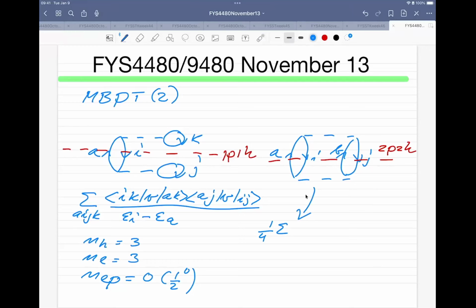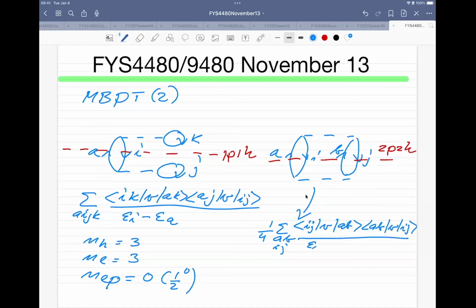So we have two particle lines which start at the same interaction and end at the same interaction. We are summing freely over the intermediate states. So that's one of the diagram rules which you saw. And then we have the final state, I J, and we have A B. So we create an intermediate two-particle, two-hole excitation by removing two states I and J below the Fermi level, and we are promoting them to the states A and B above the Fermi level.